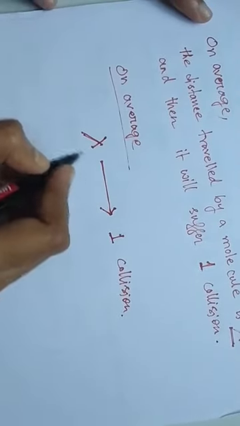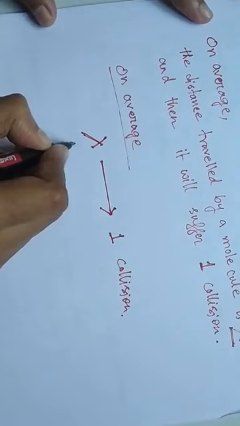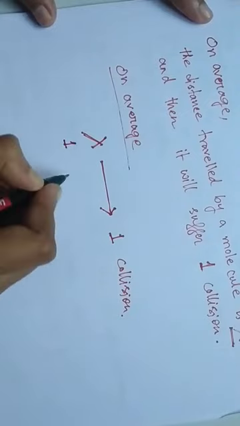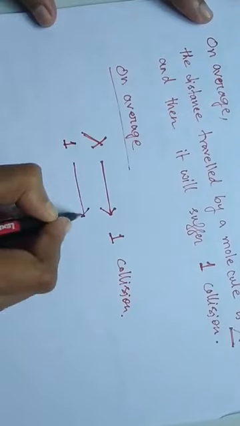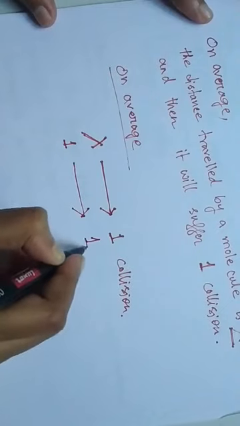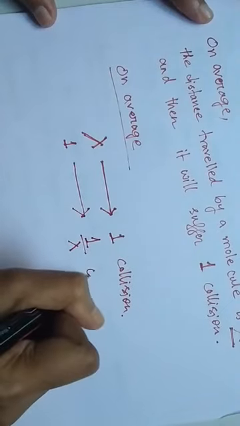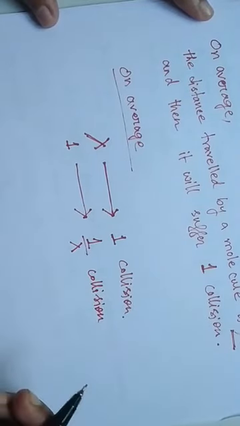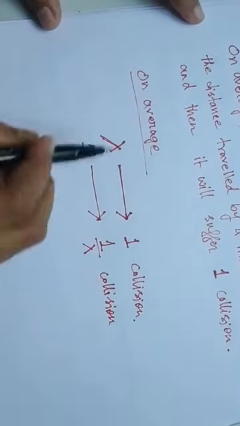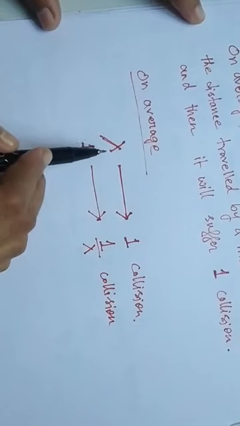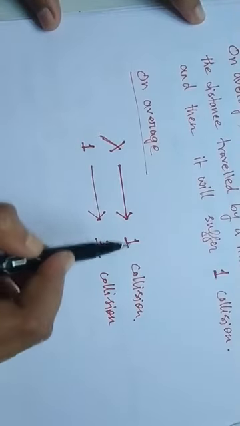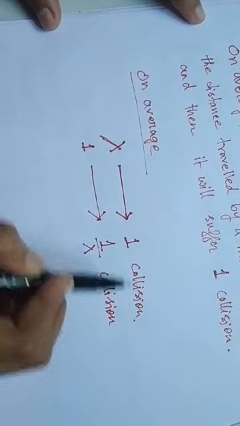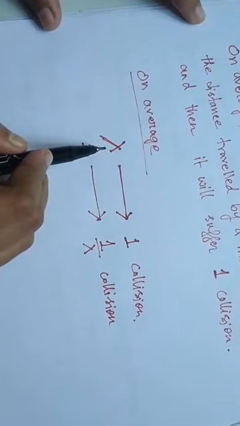So on average if it travels a unit distance, how many collisions will it suffer? It will suffer 1 by lambda collisions. On average, in travelling a distance of lambda, a molecule will suffer one collision, where lambda is the mean free path.